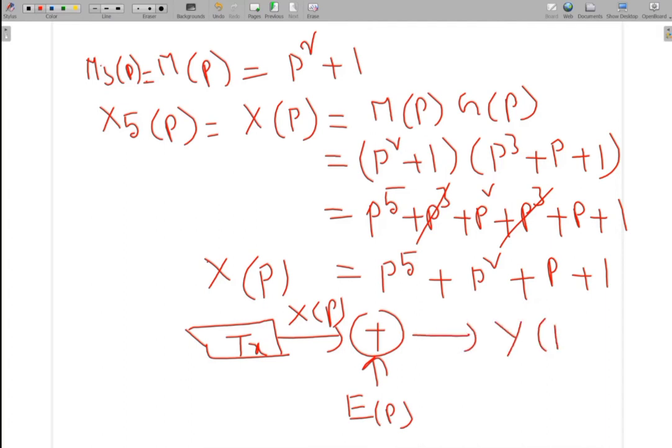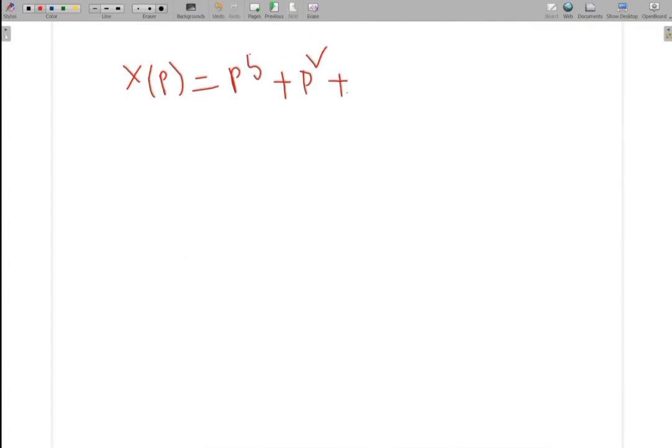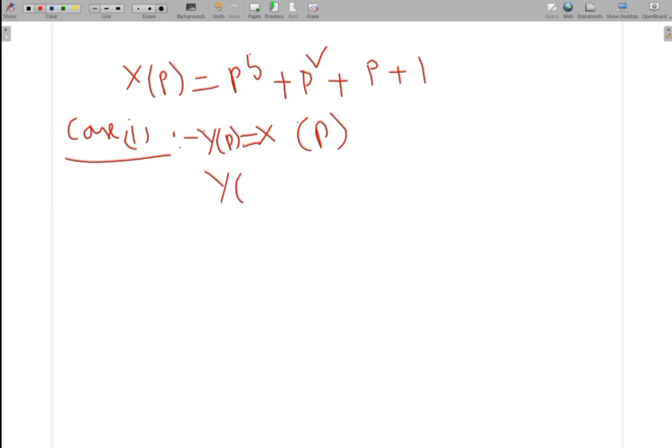The received code word is Y of P. Y of P is equal to X of P plus E of P. Case 1: E of P is zero, so Y of P is equal to X of P. That means Y of P is equal to P power 5 plus P square plus P plus 1.